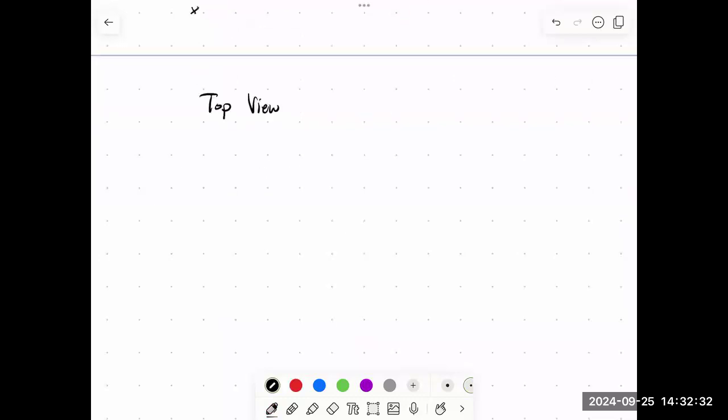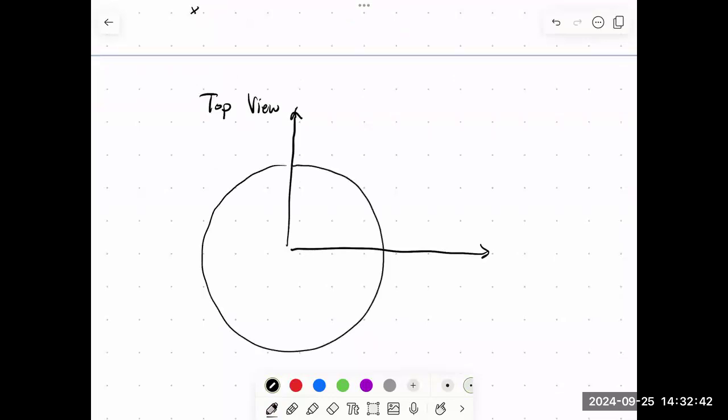So if we're looking from above, we would have, say, our two axes, and then we'd have our disk, and then we're going to go out to some patch of area like so, and we'll say that this angular displacement is d phi.